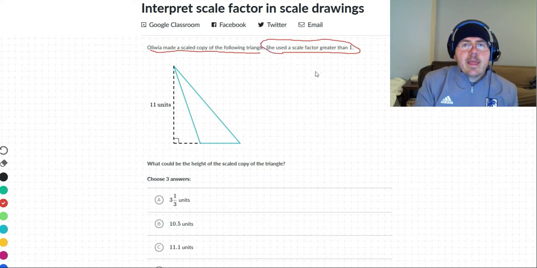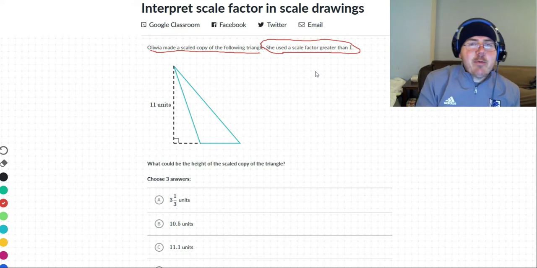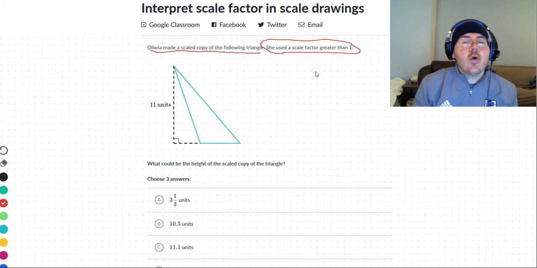Anytime you use a scale factor that's greater than 1, you're going to get a bigger shape. Anytime you multiply by something bigger than 1, you are going to increase its size. Like in the last few problems, whenever we multiply by a fraction, we end up with a smaller shape. Well, this is the inverse of that. We're multiplying by something that's greater than 1, so it has to be bigger.